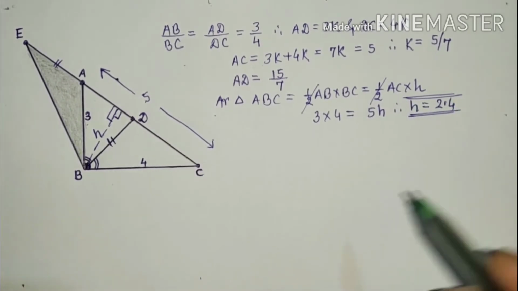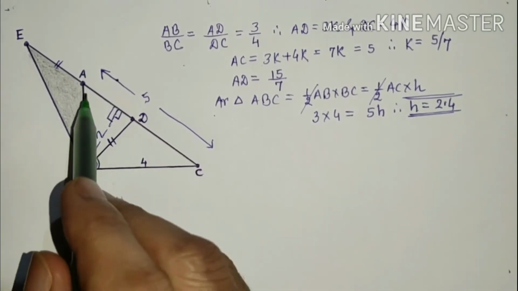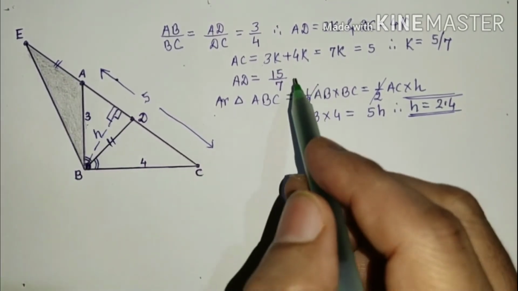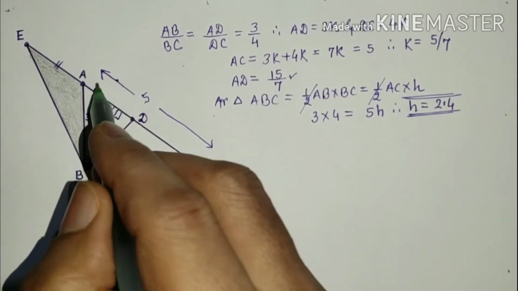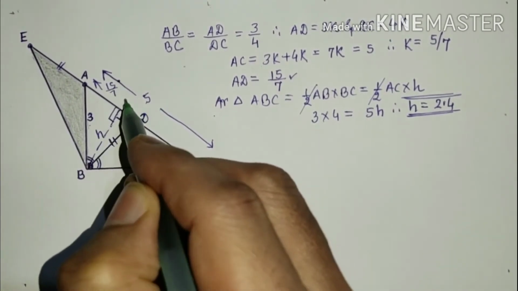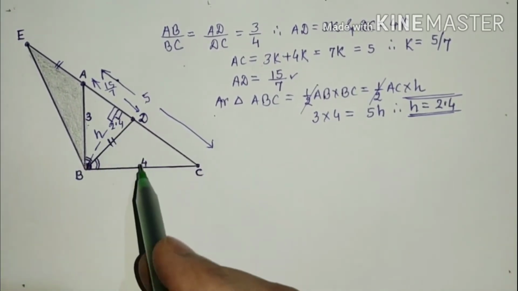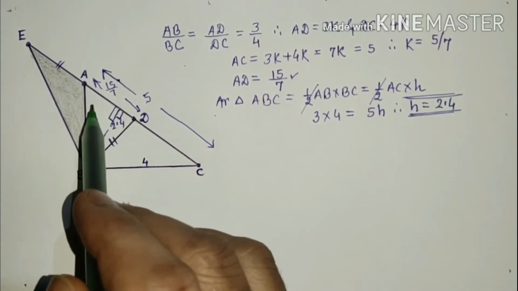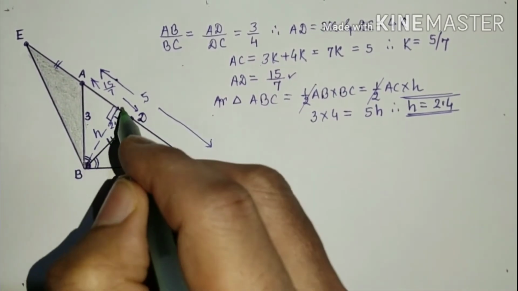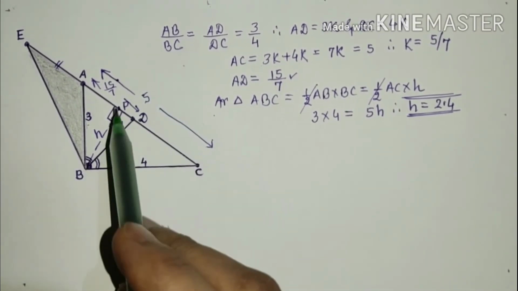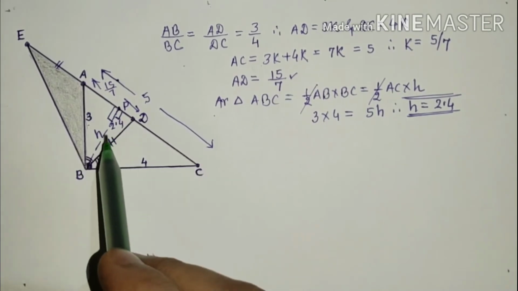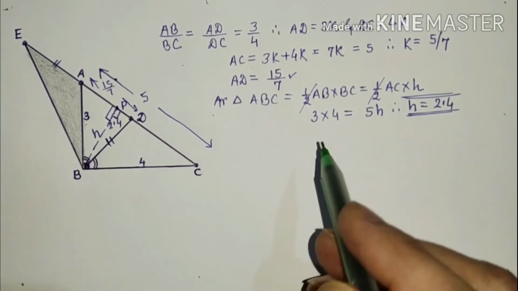Height is 2.4. And this is AD, we got 15 by 7. So this AD is 15 by 7, and this height is 2.4. So we can calculate this part. Let us suppose this is P. So calculate AP. Use Pythagoras theorem once again.